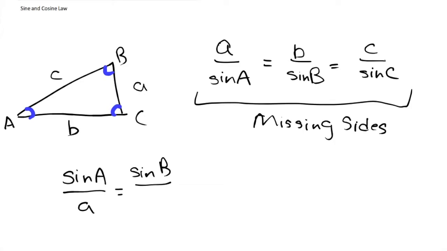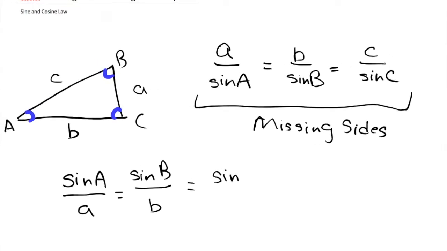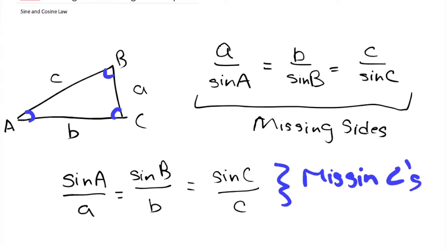So sine B over B is equal to sine C over C, right? It's really similar. And again, this is used for missing angles, right?